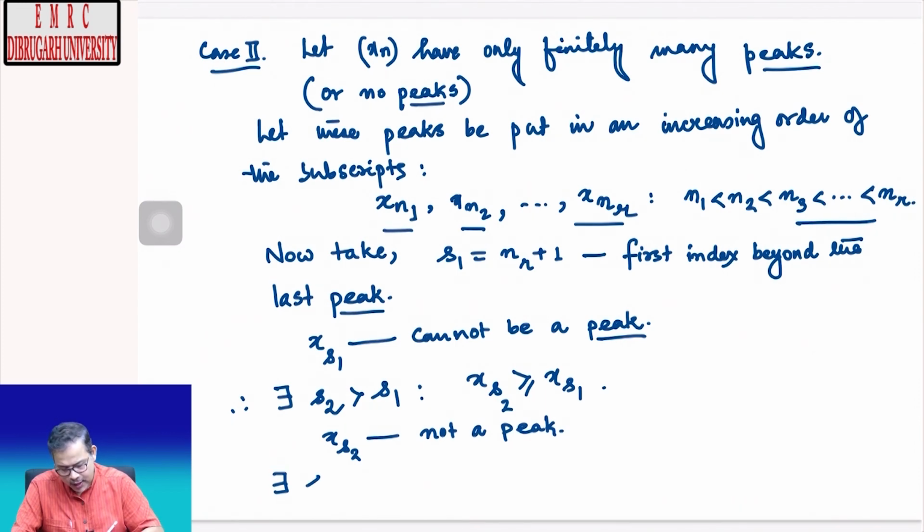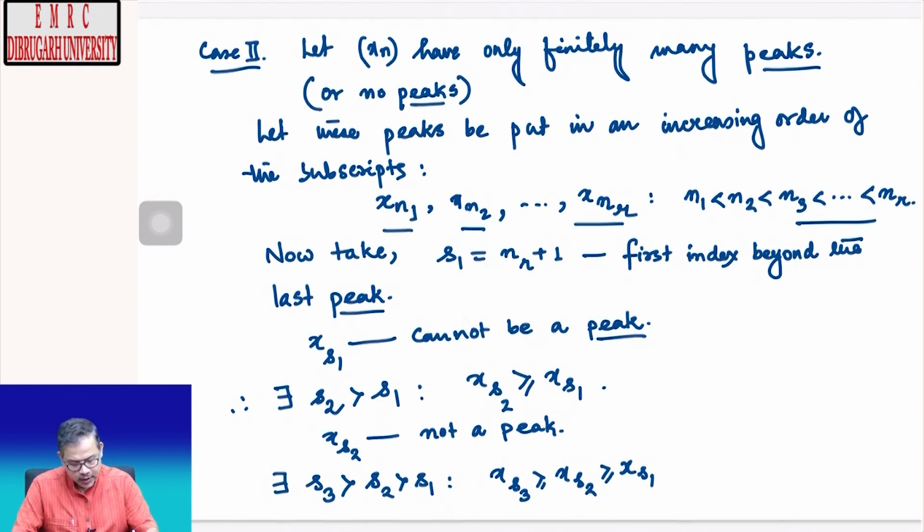There exists some s3 which is greater than s2, which is greater than s1 already, such that x s3 is greater than or equal to x s2, which is greater than or equal to x s1. But again, since x s3 is not a peak, you can always find another term in the sequence, x s4, which is greater than or equal to this term.